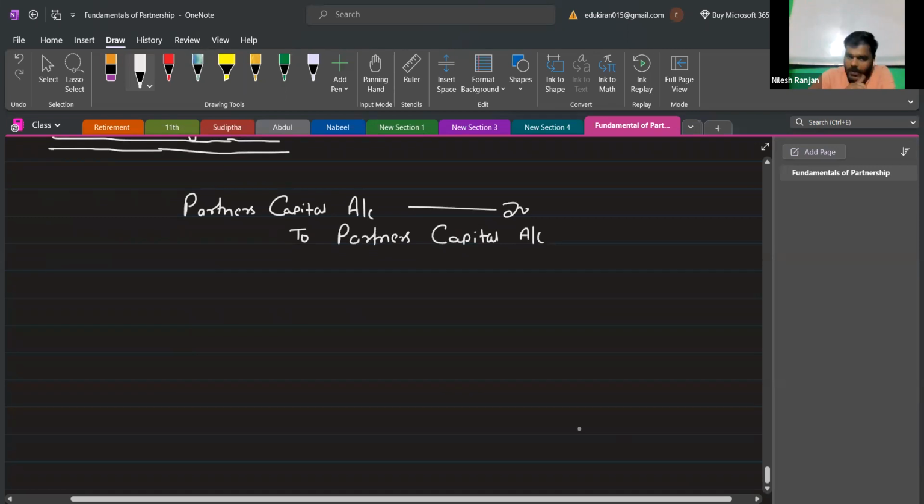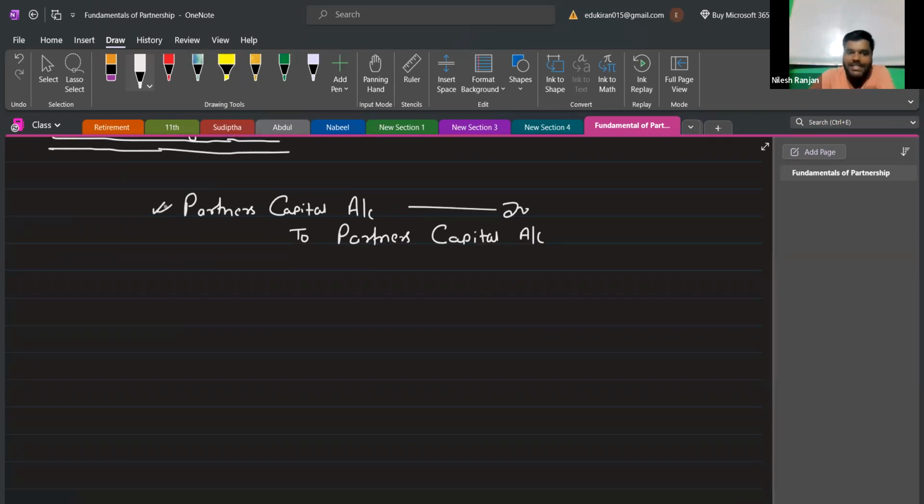Okay. So the partner who received the incorrect amount, more than the other partner, will refund the money to the firm, and then we will use that money to pay the partner who is at a loss due to such error.